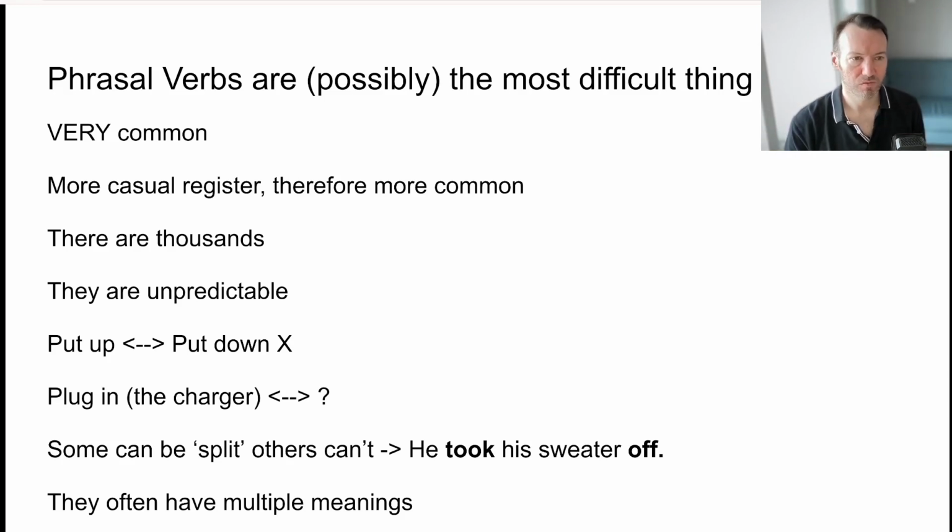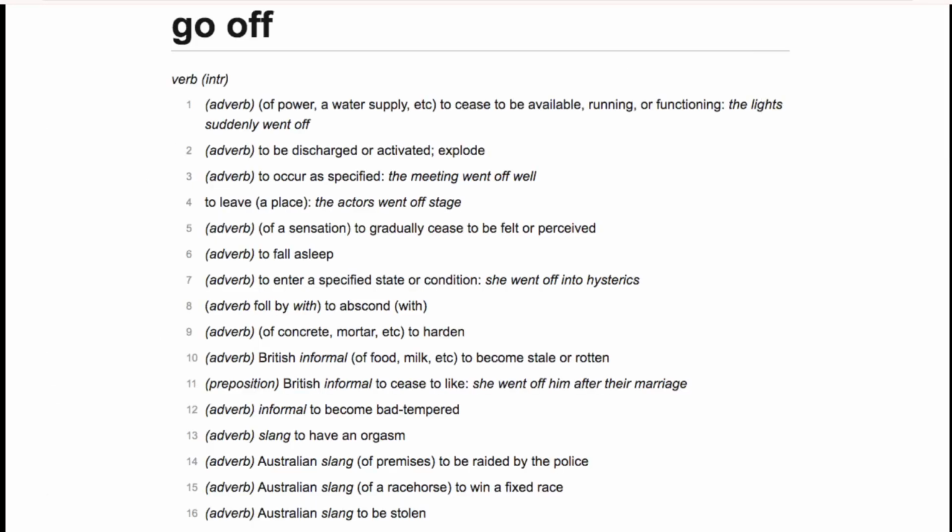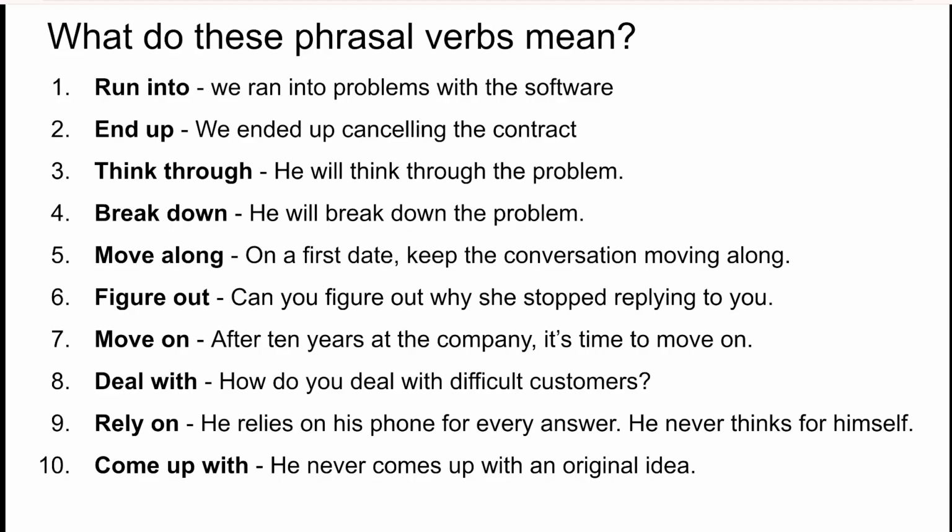If we look at just go off, go off has 16 different meanings. Some of them are specific to certain countries like Australia or Britain. And again, it's the combination that we are looking for. They have to stay together.